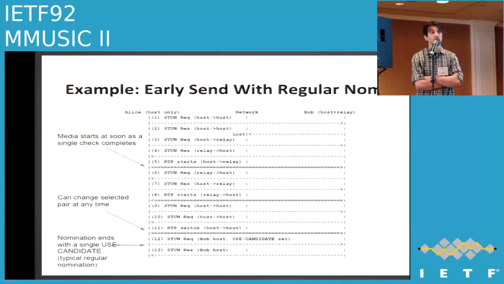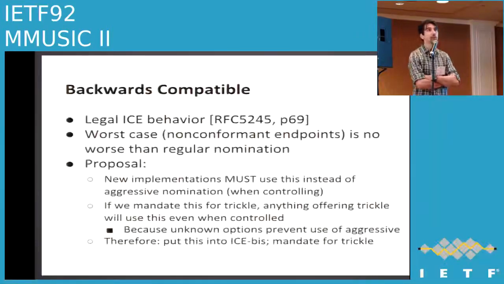Next slide. Like I said, this is all described on page 69 of 5245. How could anyone possibly have missed it? Yeah, exactly. Thanks to Dan Wing for having that factoid in his mind and bringing it to the list.